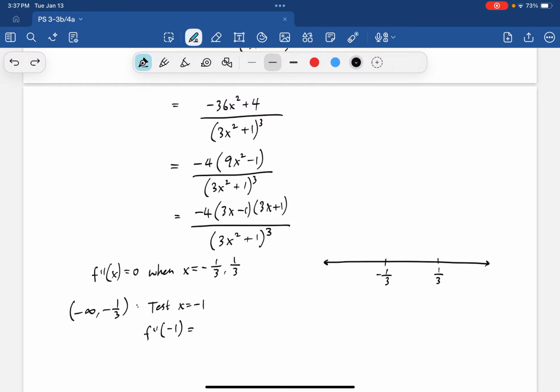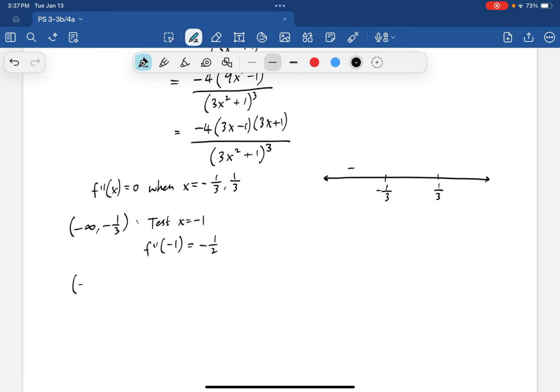That is going to be equal to negative 32 over 64, which is negative half. So this will be minus. Is that correct? Should be right.